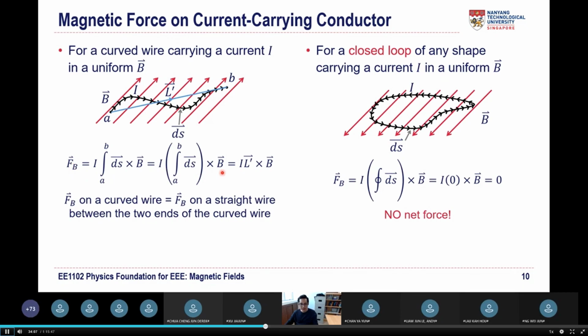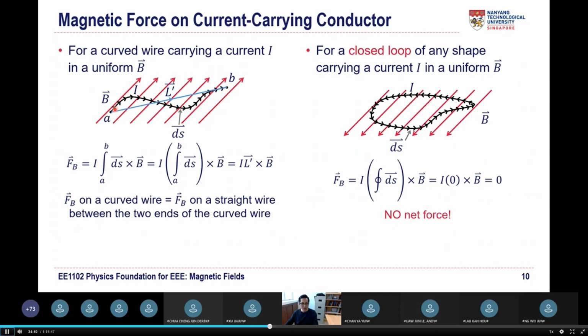But in fact, if you look at that, it will be the same as doing a calculation assuming that the wire is a straight line from A to B. So you just draw a straight line from A to B, and if you calculate the force acting on this imaginary line, then that's going to be the same as actually doing all the calculations of this curved path.